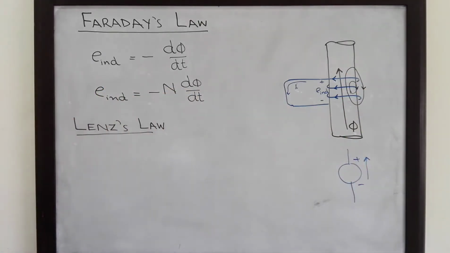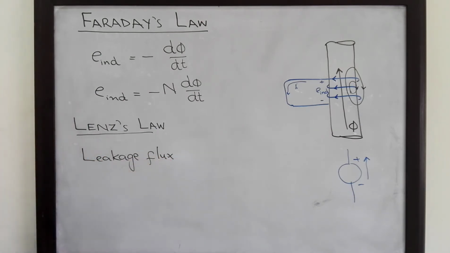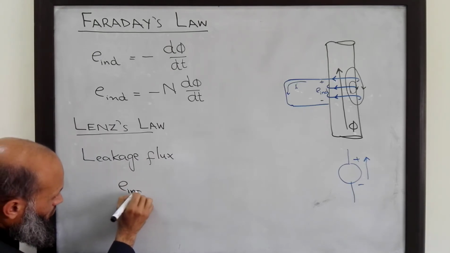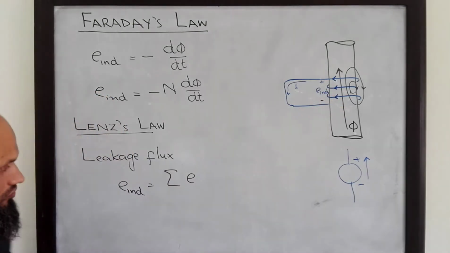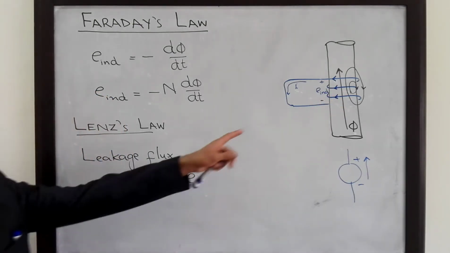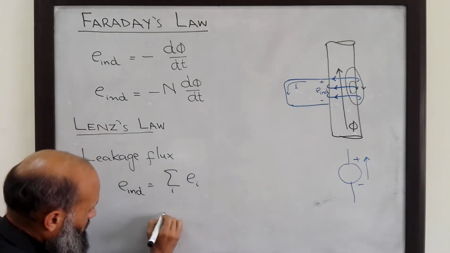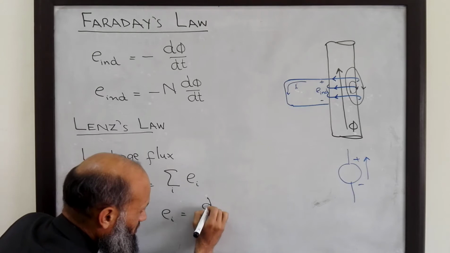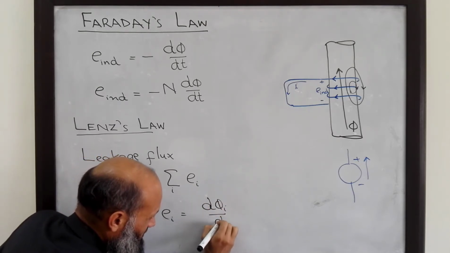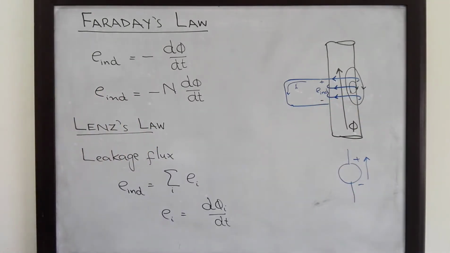So in that case, the total induced voltage will be equal to the sum of voltages induced in each individual turn, e_i. e_i is the voltage induced in the ith turn of wire, whose magnitude is equal to d phi_i by dt, where phi_i is the flux linking with the ith turn of the wire.